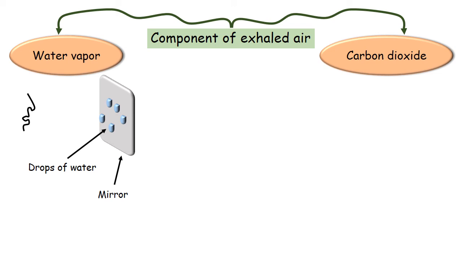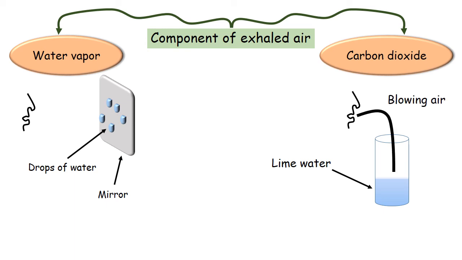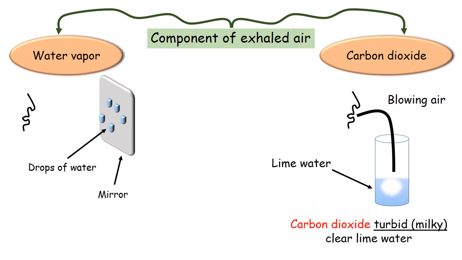We can test carbon dioxide gas with lime water. When we blow air inside lime water, it becomes turbid, or milky in color. So, exhaled air contains water vapor and carbon dioxide.